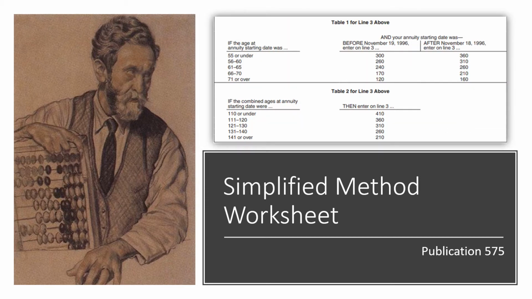And the reason why, in that case, you would want to be looking for the Simplified Method Worksheet in Publication 575 is because at the bottom of the worksheet is a table that helps you figure out, based on the age of the taxpayer at the annuity starting date, how many months to figure for the monthly tax-free amount.